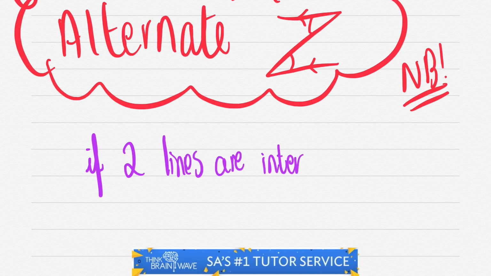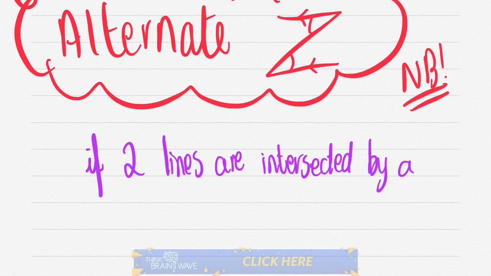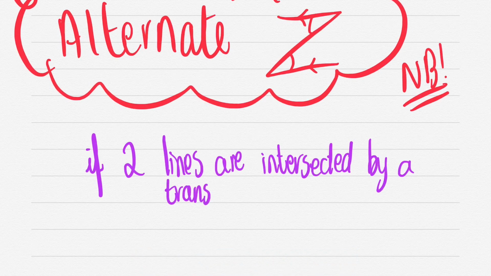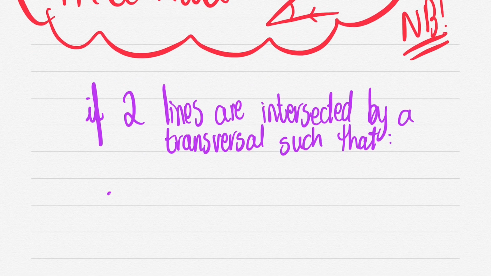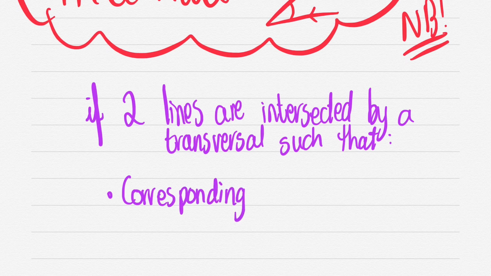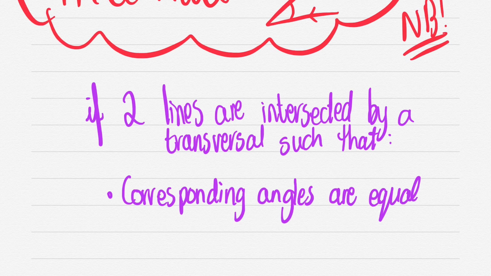Now, if 2 lines are intersected by a transversal line, such that the transversal cuts through the parallel lines, we see that corresponding angles are equal.